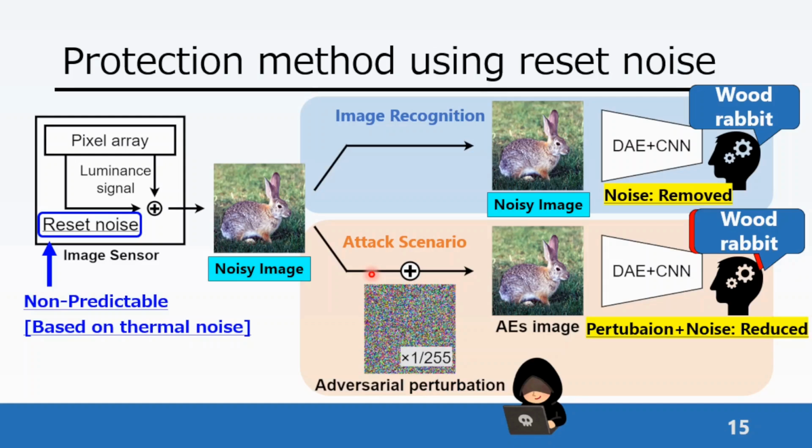Then the DAE can remove this noise. Furthermore, the attacker cannot predict the disturbance noise because reset noise is based on thermal noise. Thus, the perturbation and disturbance noise are reduced by the DAE. Therefore, the attacked rabbit can be recognized as a rabbit.